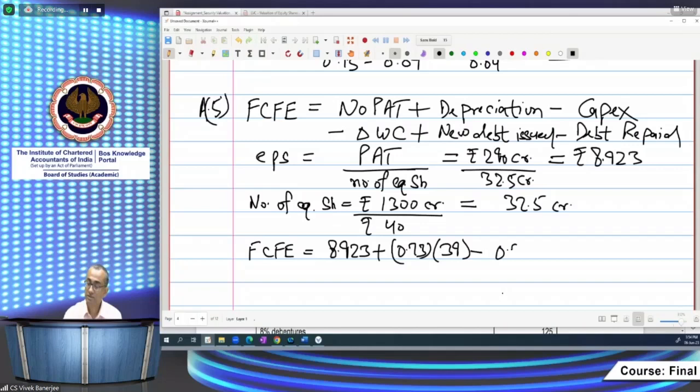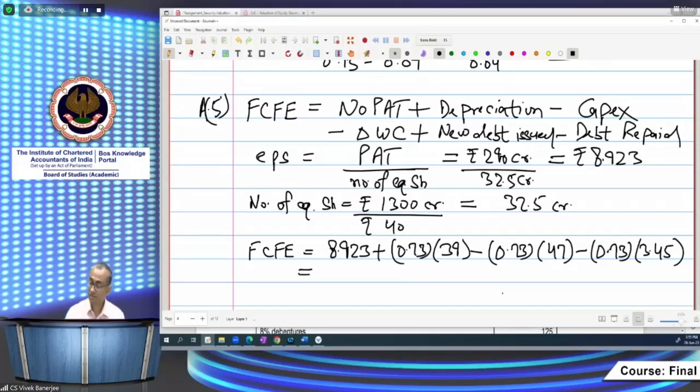Again, this 47 will be in proportion to the equity. So 0.73 multiplied by 47. Again, change in working capital, this portion will also be in proportion to the equity. This 0.73 multiplied by 3.45.